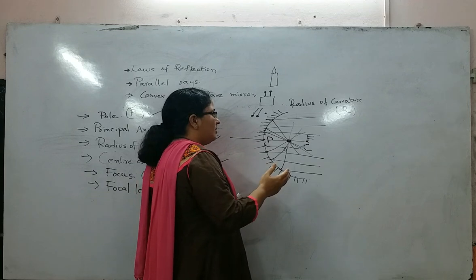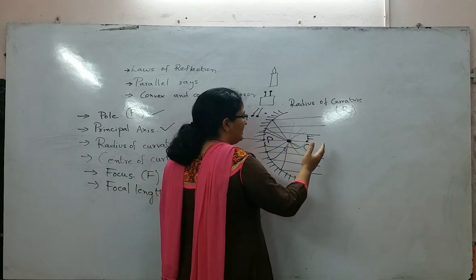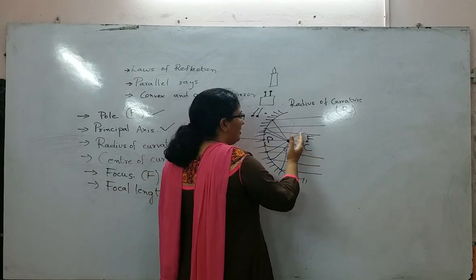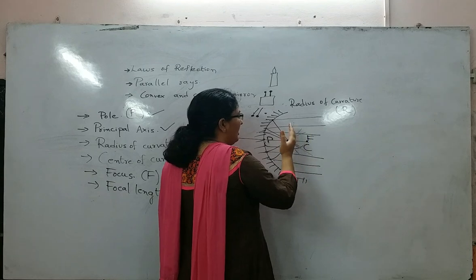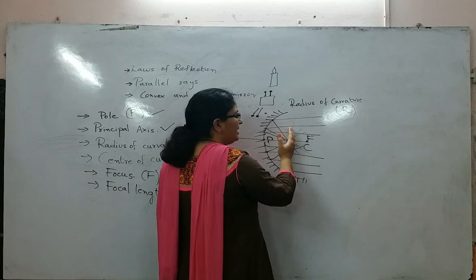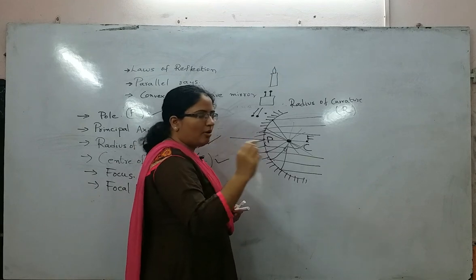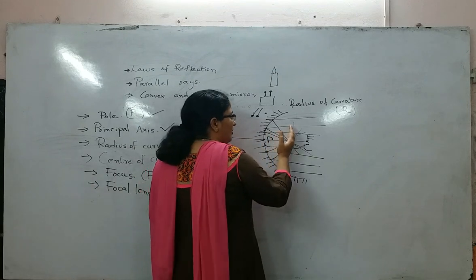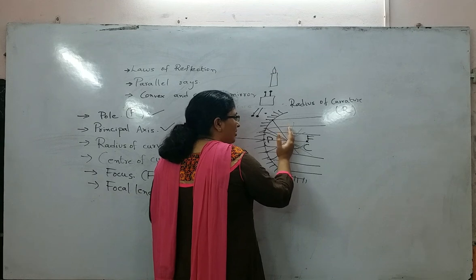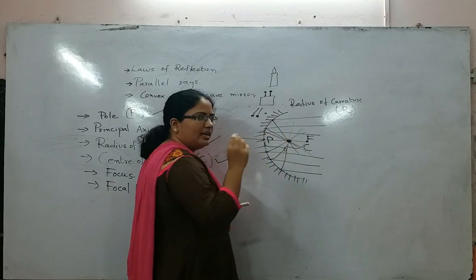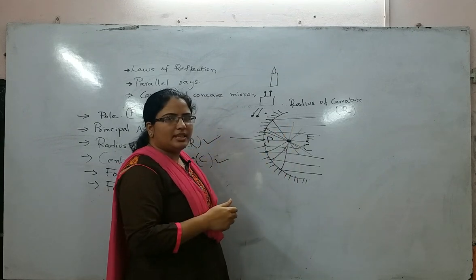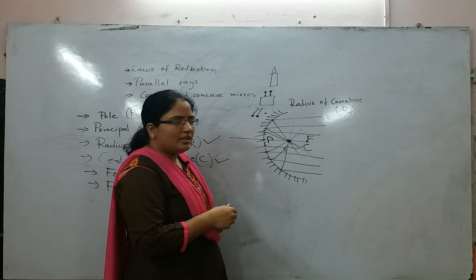Now, take a paper as a screen and move it in front of this mirror. Keep it at a place where you get a sharp image, a clear bright spot. When you keep it at the point of focus, you will get the clear bright spot, which is the image of the sun.